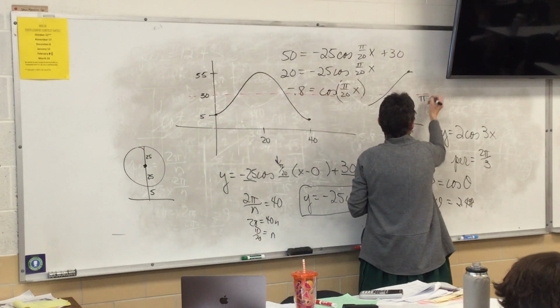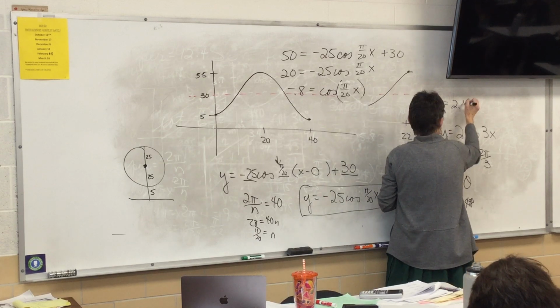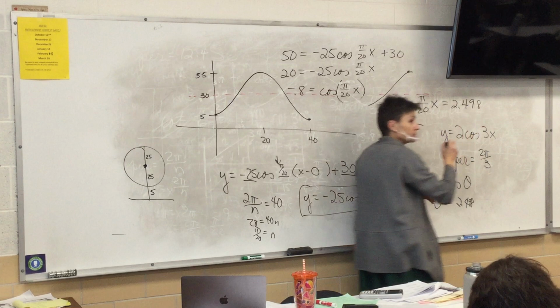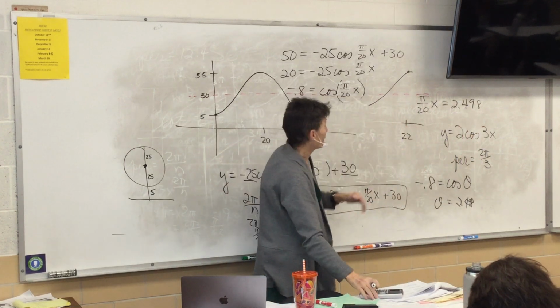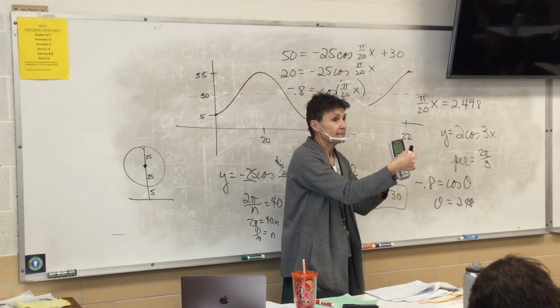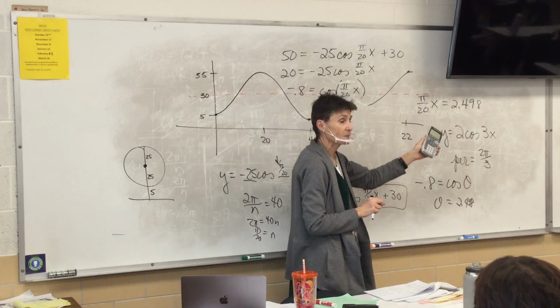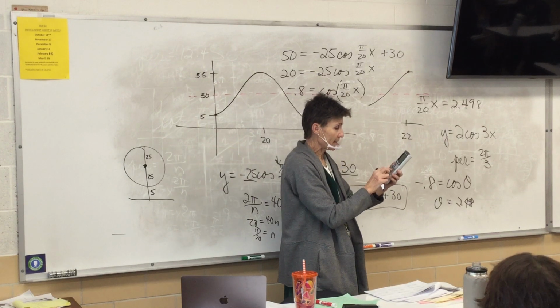So pi over 20 x equals the number that's on your calculator. So what are we going to do to figure out what x is? Take this number, times it by 20, and divide it by pi.